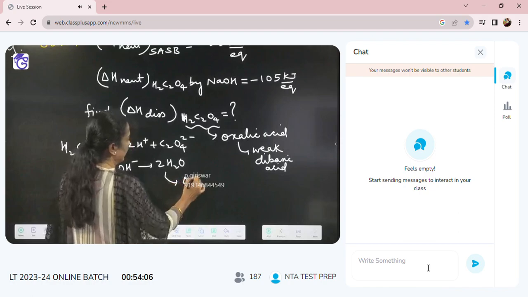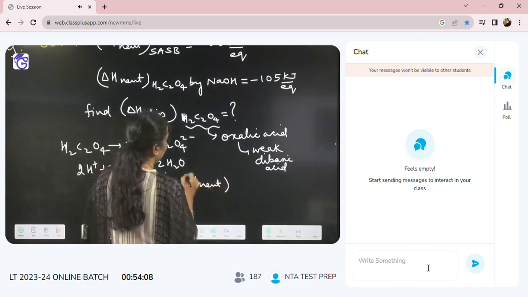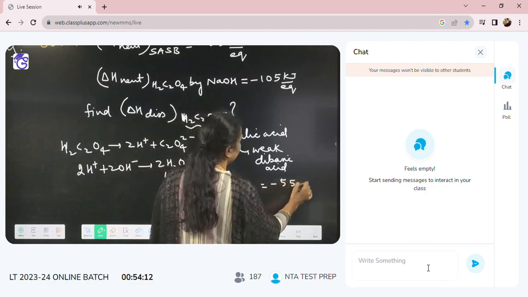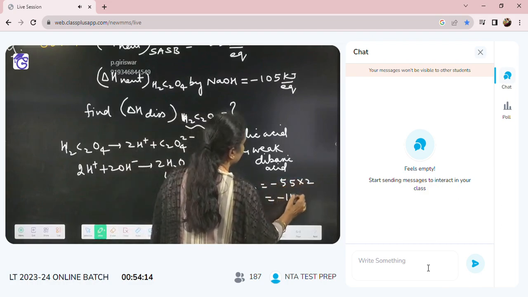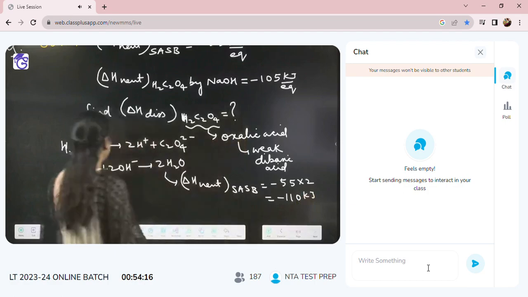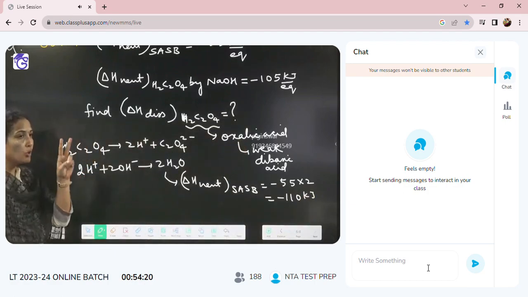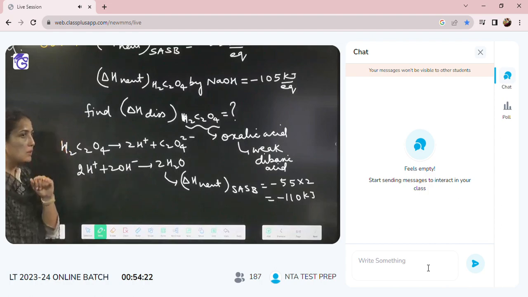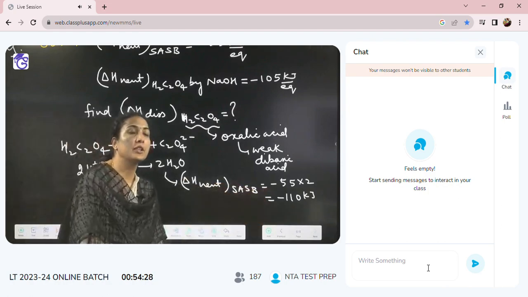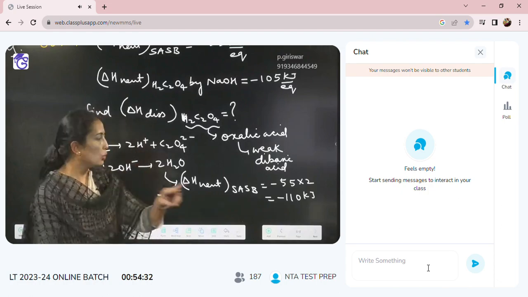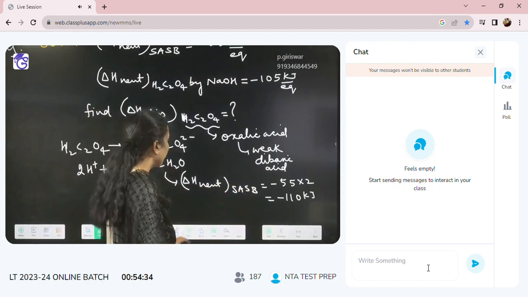So here delta H neutralization of strong acid, strong base will become basically minus 55 into 2, which is minus 110 kilojoule. You should understand here you are having 2 moles of H plus, N factor of H plus is 1, so number of equivalents is 2 here. 2 equivalents of H plus reacting with 2 equivalents of OH minus. So you are having 55 kilojoules for 1 equivalent reacting, so for 2 you have to multiply by 55 into 2.